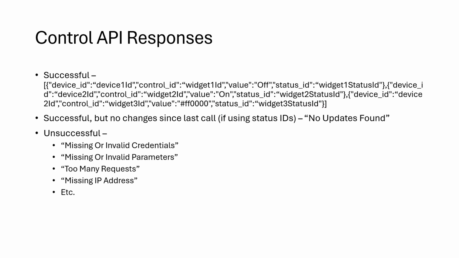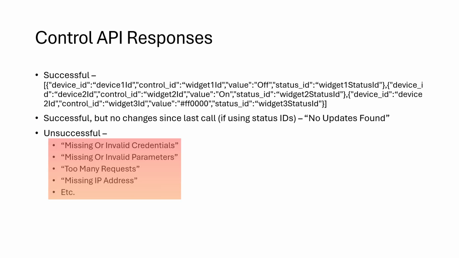A successful Control API request will return an array of data for the requested devices and widgets. Please note here that control ID and widget ID are used interchangeably and mean the same thing. If you used status IDs to limit the response to only widgets that have been changed since the last request, a response of "no updates found" indicates that the request was successful, but none of the widgets whose values were requested have been changed since the last request, so no data is being returned.